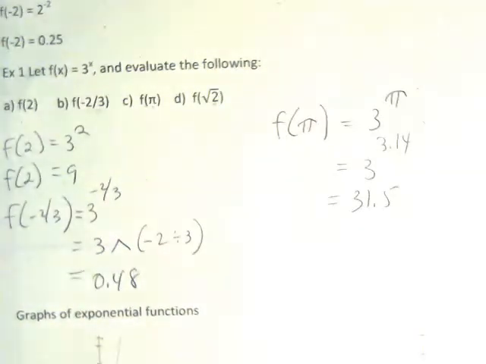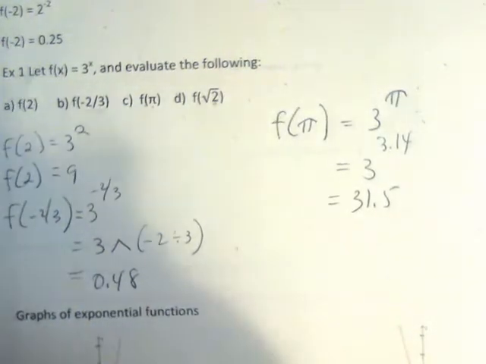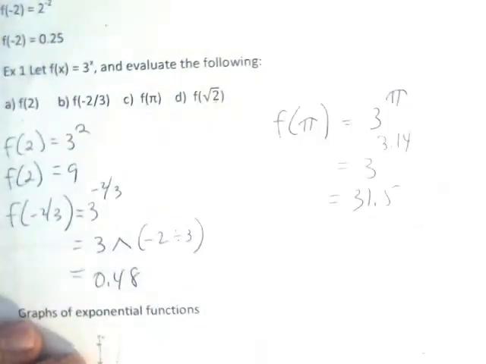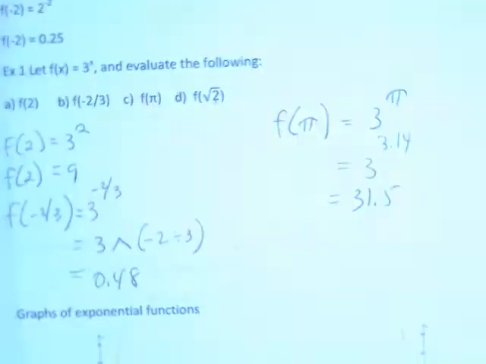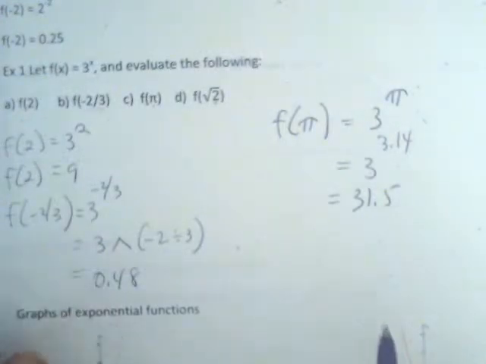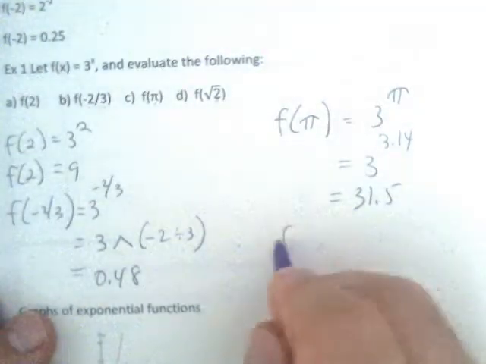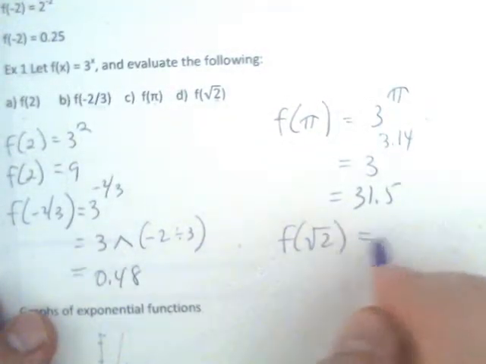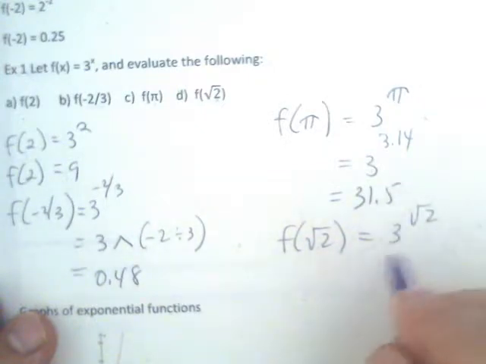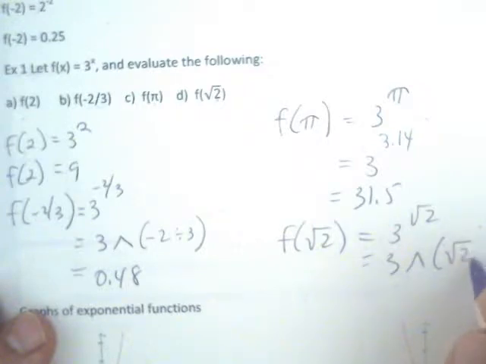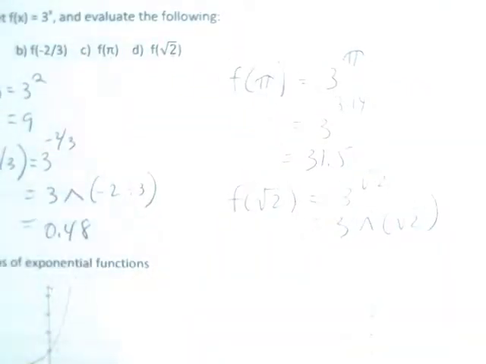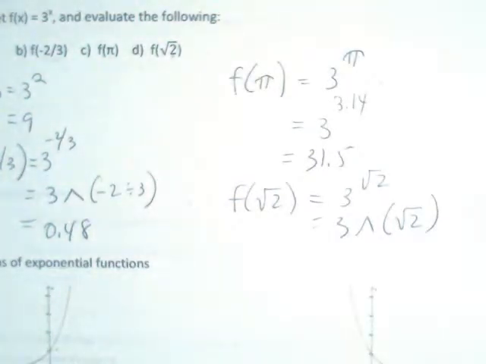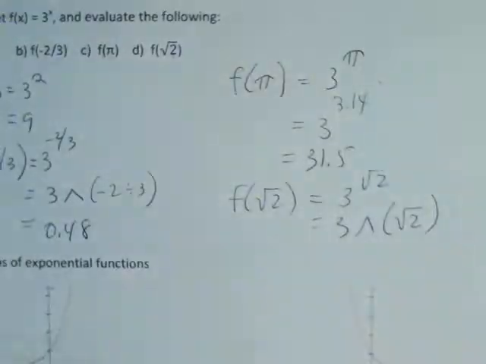Now, the last one, f of the square root of 2, is a little bit tricky. You can type it in as 3 raised to, and then in parentheses, square root of 2. You can pull that up on your calculator, or you can make the square root of 2 a decimal.